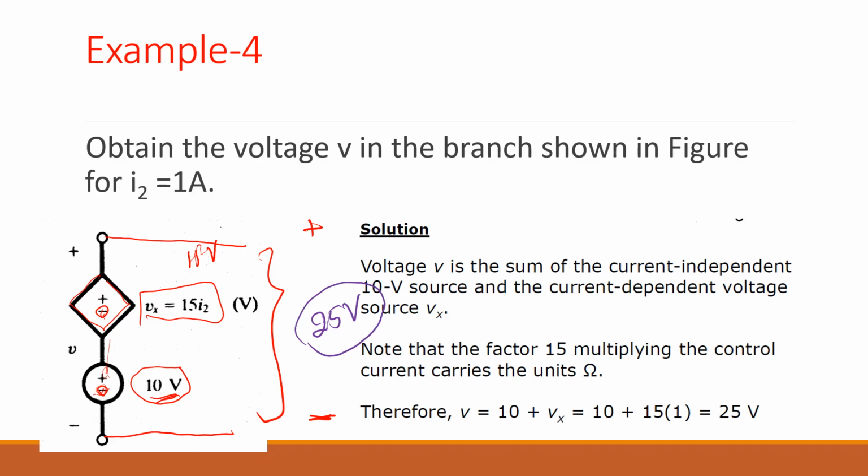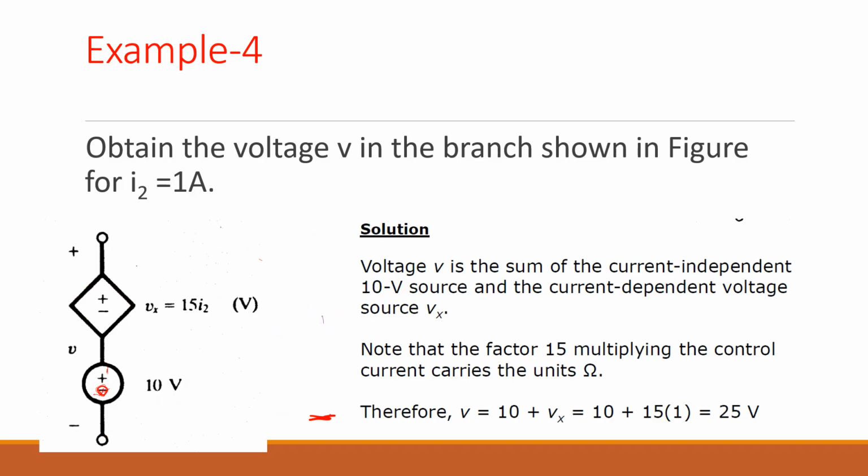For example, in case this is our positive side and this is our negative side, you can say this 10 and 15. 15 is bigger than the 10. So if you consider this whole branch, the net voltage is negative up and positive down, and it is 5 volts, because this 10 is in the opposite direction.